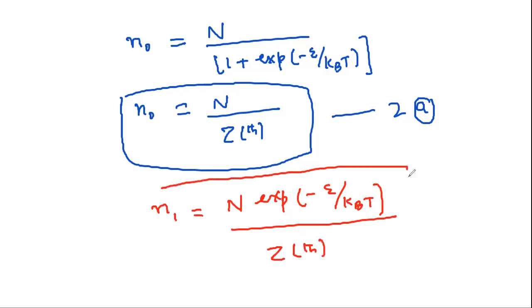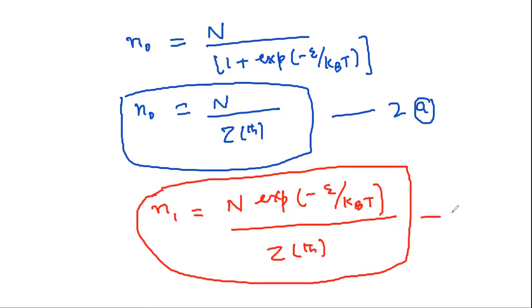Let me encircle it. We named it 2b. So it is N1 equal to capital N times exponential of minus epsilon by k_B T divided by Z thermal.